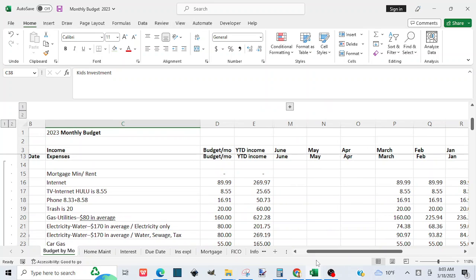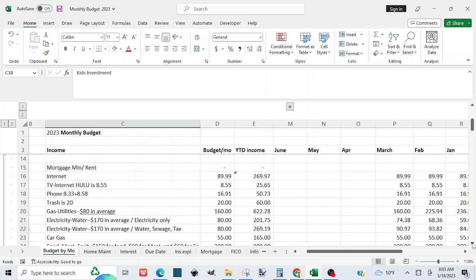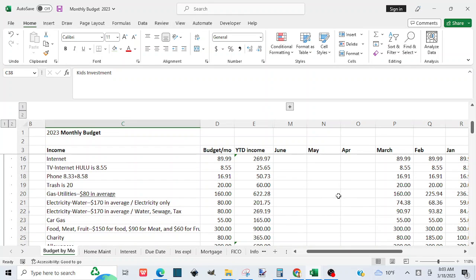Okay, so let's use an example here. Just for your basic needs, internet at this point in age is a good one to have at home. So let's add it to the needs.